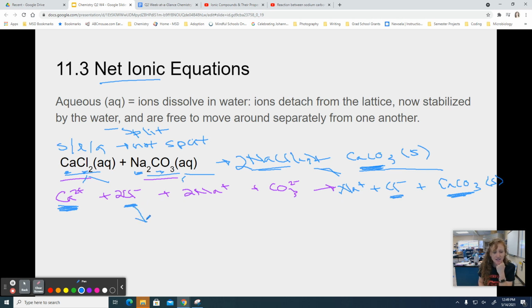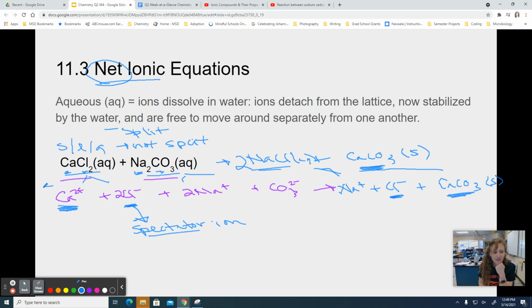So anything that's not changed, we call a spectator ion. And just like a spectator of an athletic event that's not involved in the game, same thing here, the spectator ions are not involved in the chemical reaction. So that's what this term net means.